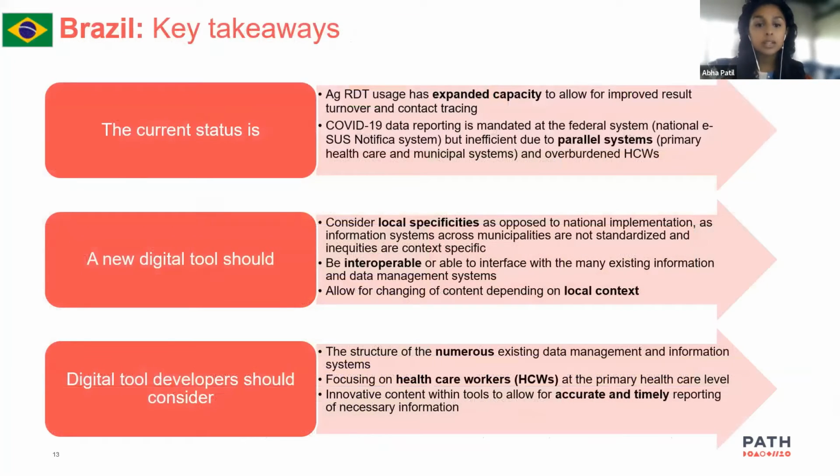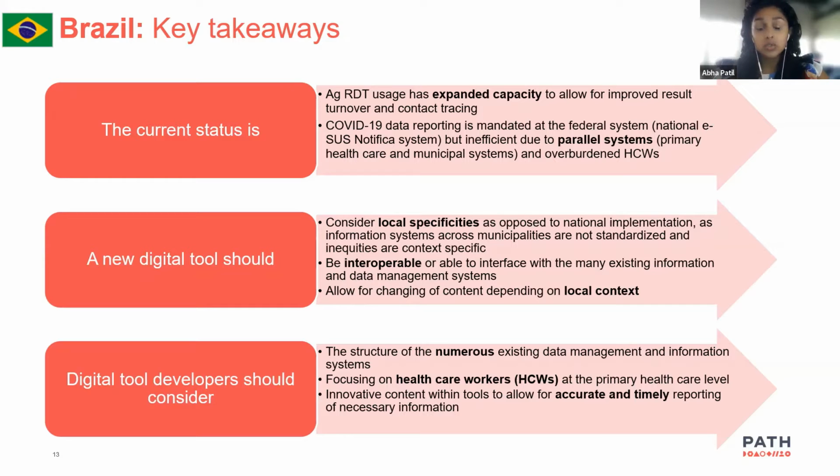So in Brazil, the current status of the COVID-19 diagnostic testing is that antigen RDTs have rapidly expanded the capacity to allow for improved results turnover and contact tracing. And though COVID-19 data reporting is mandated within a federal system, because of all of these parallel systems, one at the federal level, one at the municipal, and one at the primary healthcare level, workers are really overburdened and required to enter data multiple times.